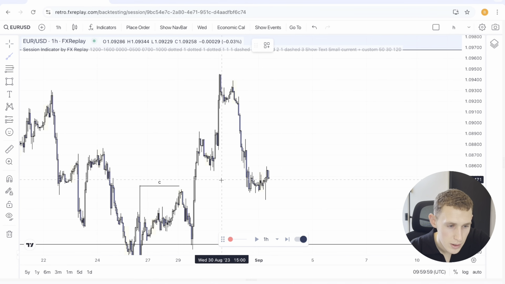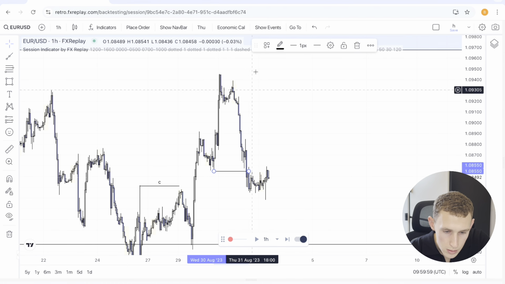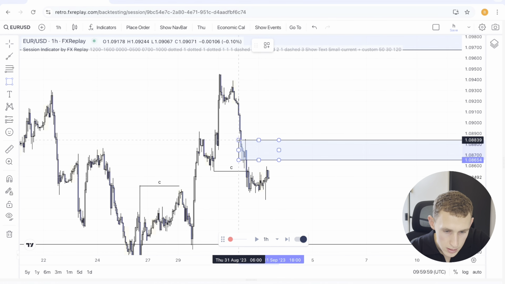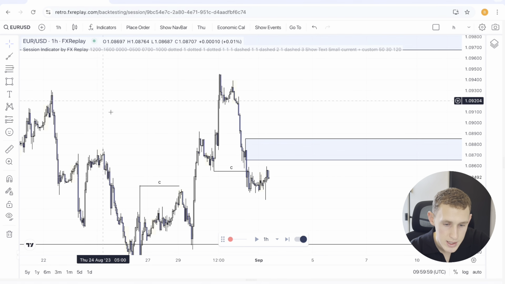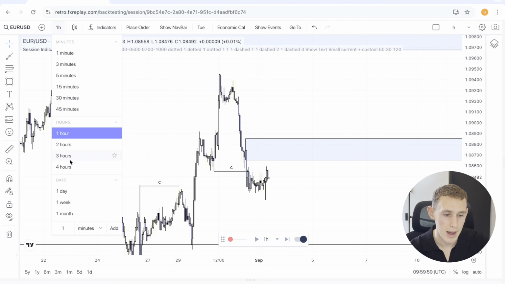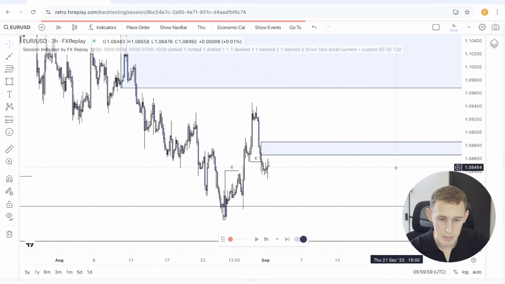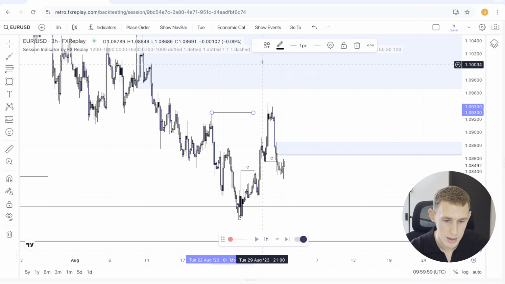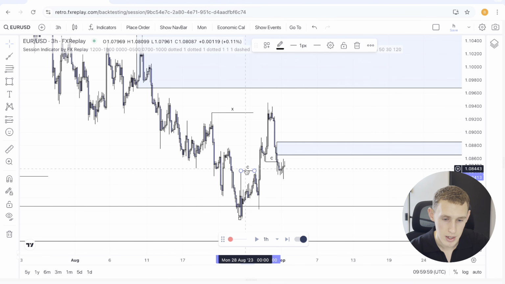Yeah, so what I'd actually look for here, we've kind of had this hourly change of character and then this area of supply created. So I'm now kind of switching my bias back to shorts. I'm no longer really seeing the buys. We've kind of come up, grabbed some of these highs and then shifted back bearish.